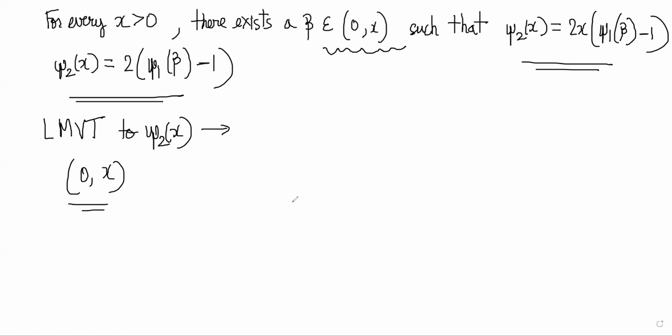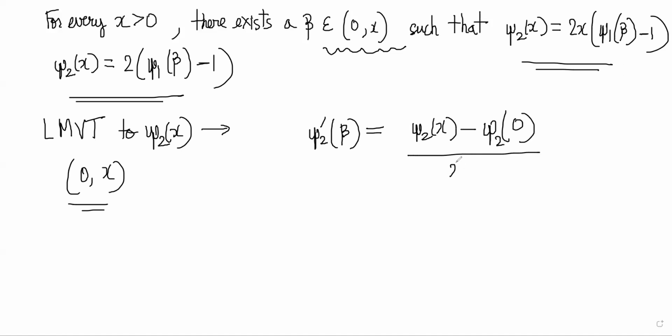So we can say that there must be a point, let's say beta, such that psi 2 dash beta is equal to psi 2 x minus psi 2 0 by x minus 0, right?